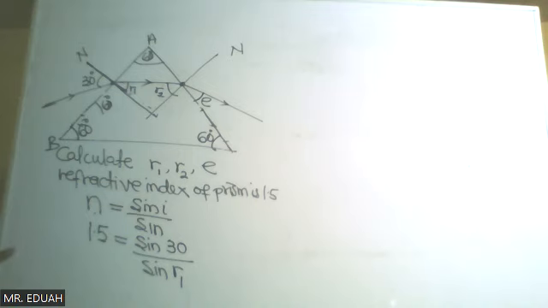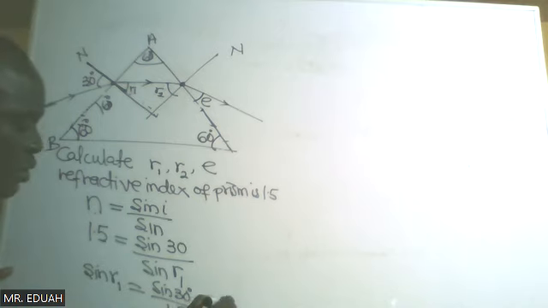Hilda, are you there, Irene? Yes. Because you are looking for R1, we make sine R1 the subject. And this will be equal to sine of 30 over 1.5. And sine 30 is equal to 0.5.